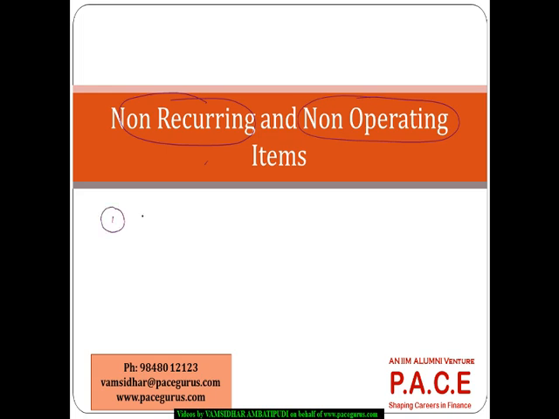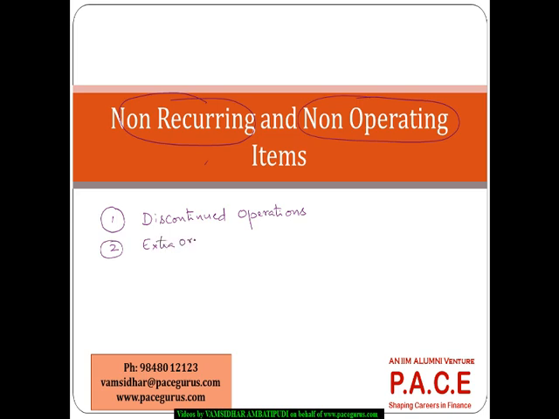So on a broader scale, if I have to look at these non-recurring and non-operating items, I can look at the discontinued operations. If the company has discontinued a few portions of the business, how would they be handled in the financial statement or in the income statement? Then we will talk about extraordinary items.